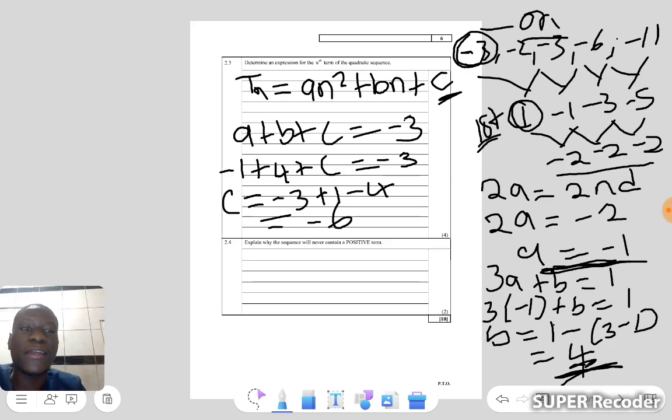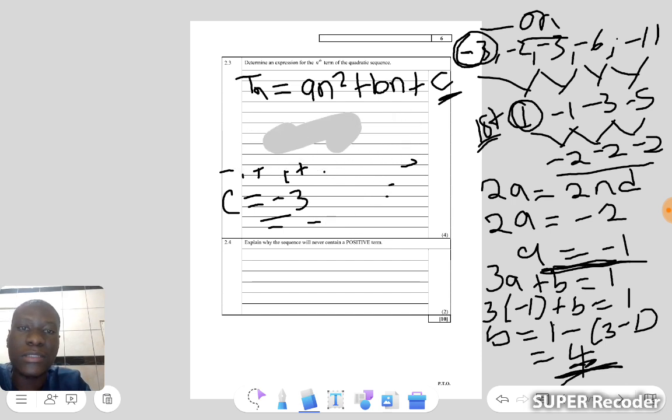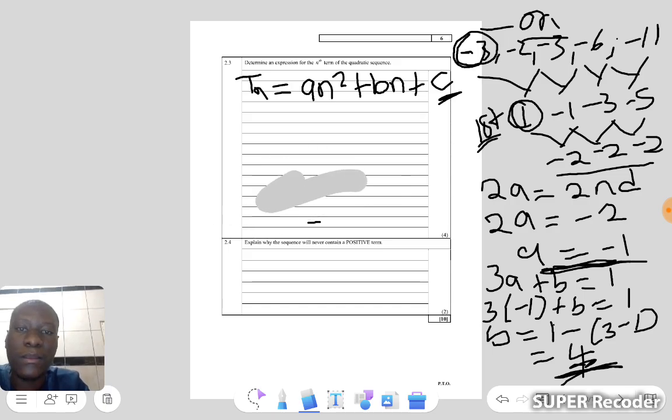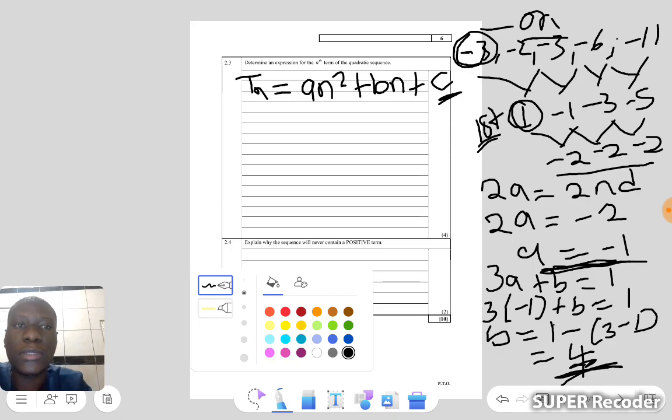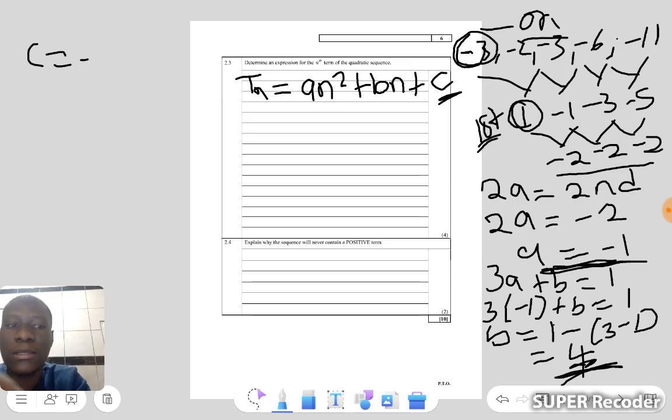That means we have all that we need to write the general formula. So let's make some space here. Let me write the value of c here. The value of c that we have is negative 6.